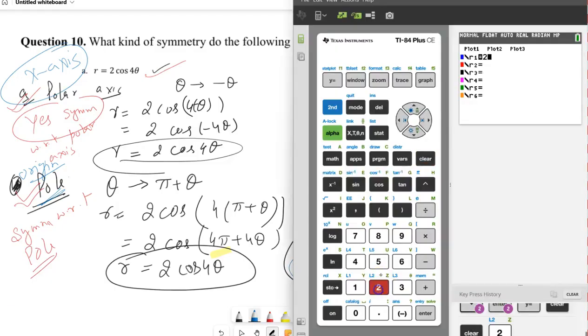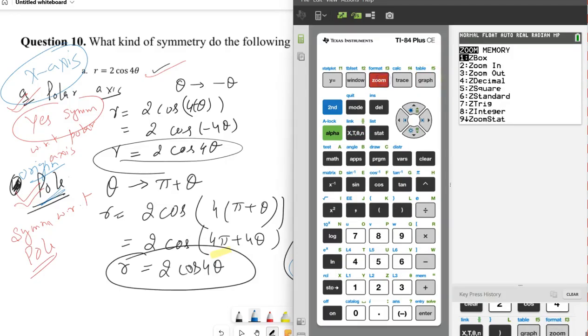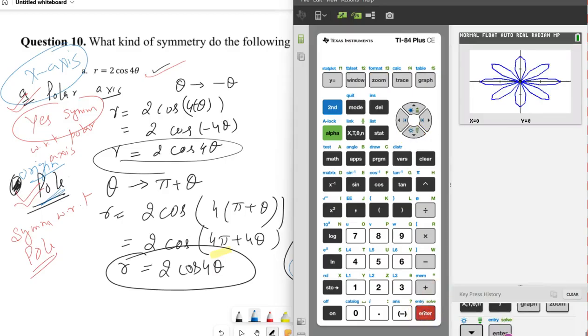The graph is 2 cosine 4 theta. Oh, you see that's a pretty graph, and it is symmetric. Diagonally, it is symmetric with respect to the x-axis. It is symmetric with respect to the y-axis. Symmetric with respect to all three things.